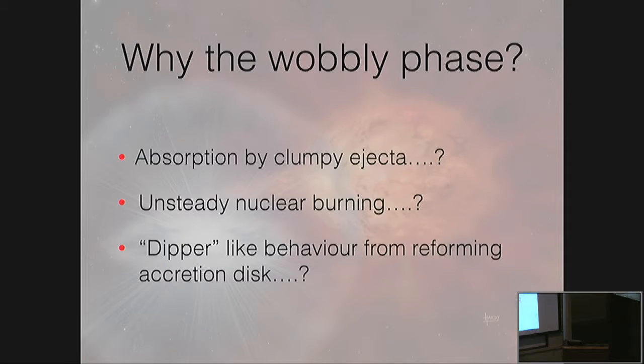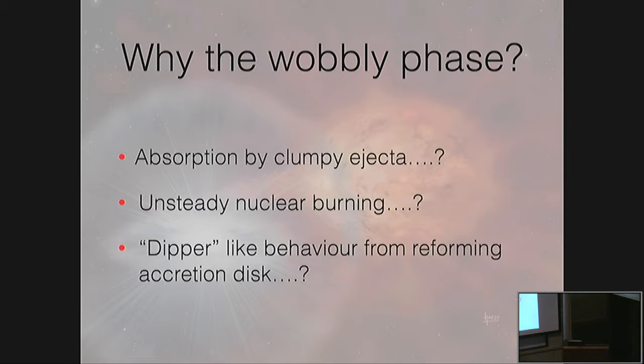Why is it happening? Well, again, many explanations have been put forward. Absorption by unsteady nuclear burning. Maybe the nuclear burning layer is not steady. There's some sort of instability in the nuclear burning, and so your light is where you have a reforming accretion disk with sort of blobs in it that comes past and occults the source.